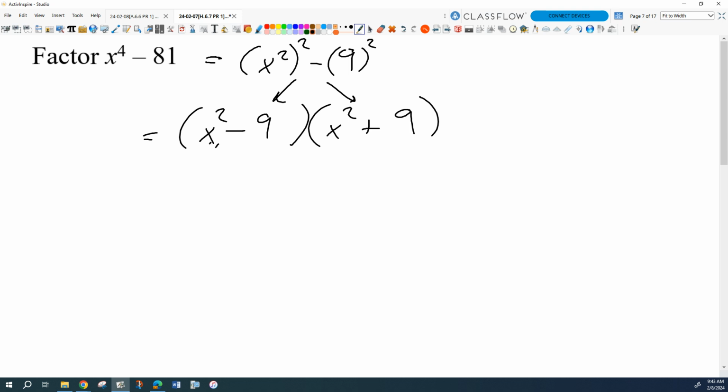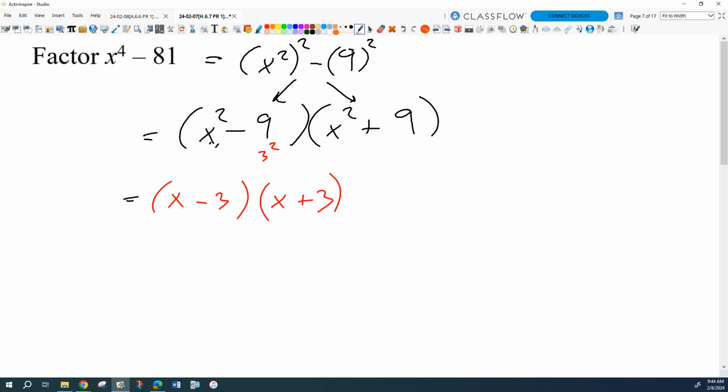Good? We done? No, what can I do? Yeah, look at this guy right here. So this one, I could think of the 9 as being a what? And then I've got x squared minus 3 squared, right? So that's going to break up into what? X minus 3, x plus 3.